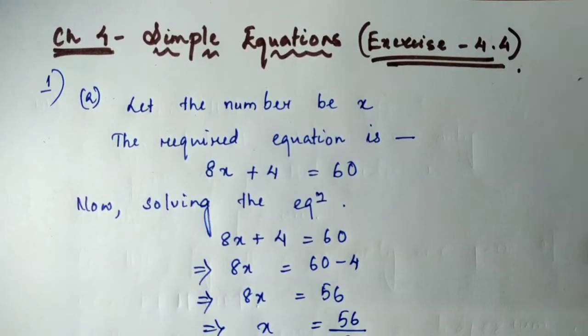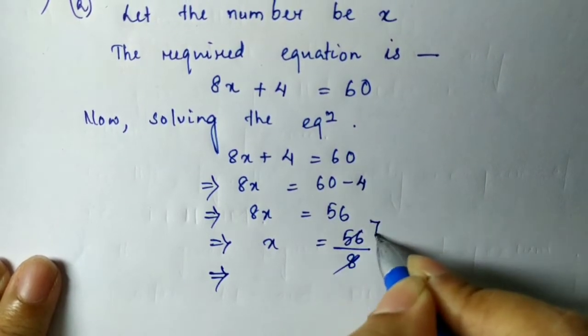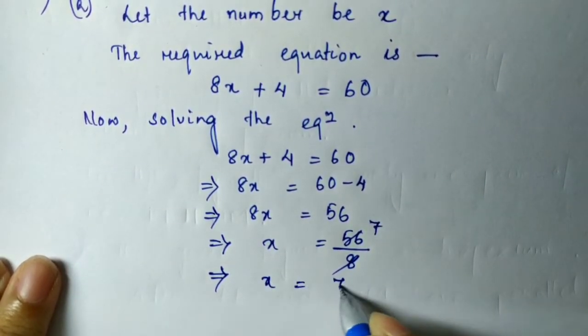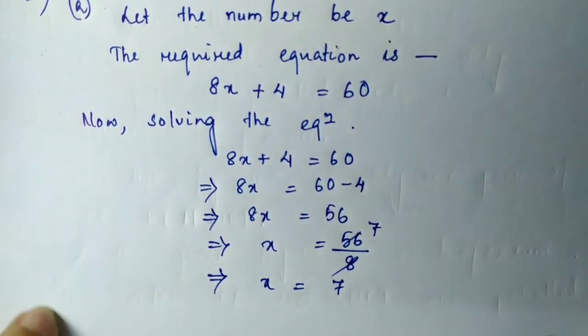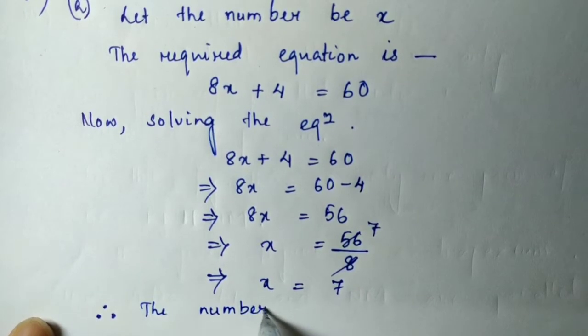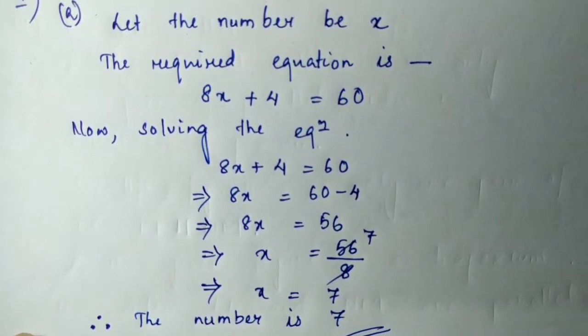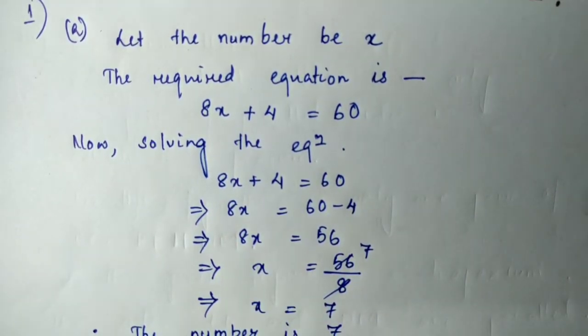I'm just solving the equations like previous methods. So when you cancel you get 7. x is equal to 7, and I had written let the number be x. So I'll write the statement, therefore the number is 7. So here I get my solution. Okay, so this is how we do number A.